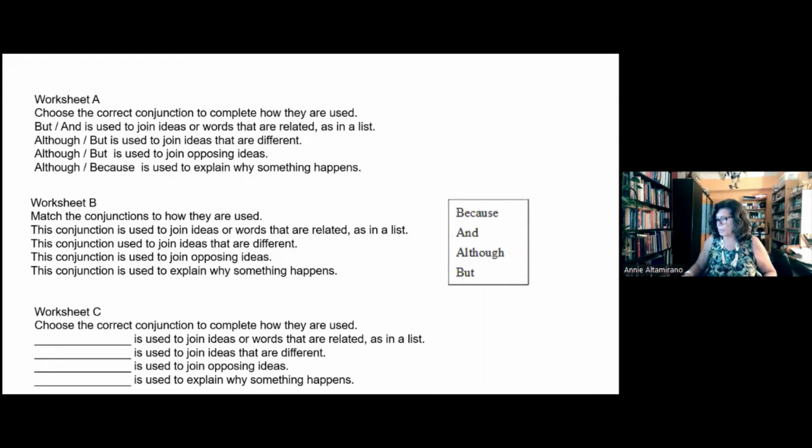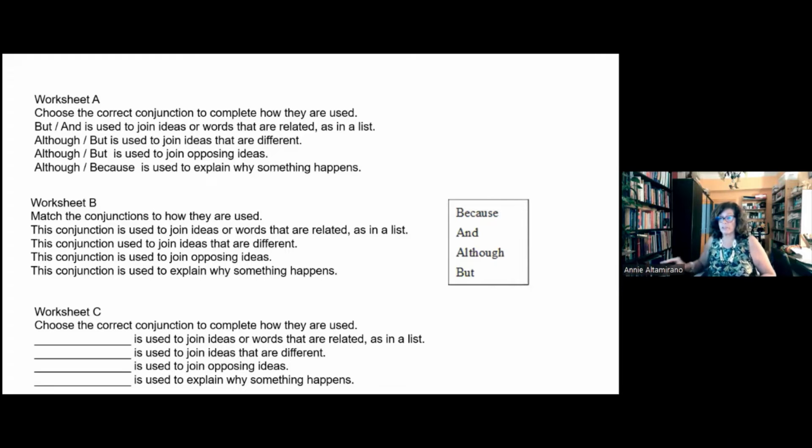So for example, these are exercises from some differentiation worksheets that I have written for one of the last books that I wrote. So the students are working with conjunctions, right? Because, and, although, and but. This is a fairly lower level of students.